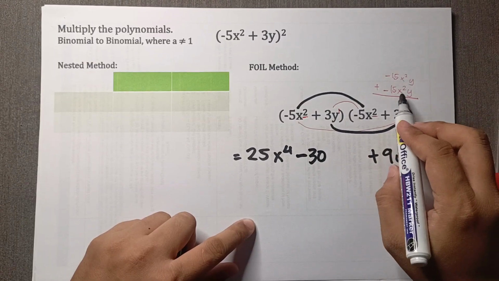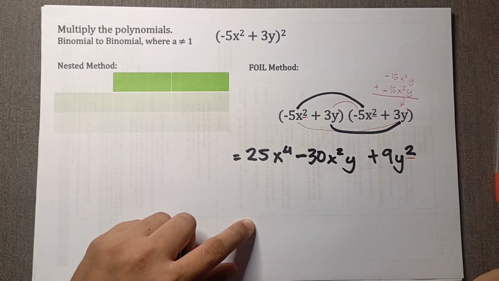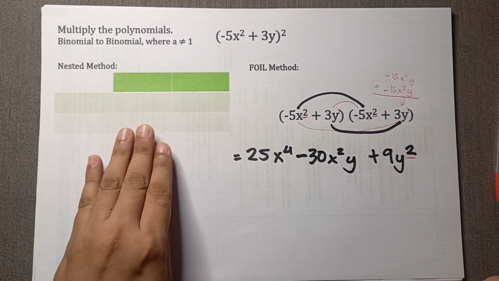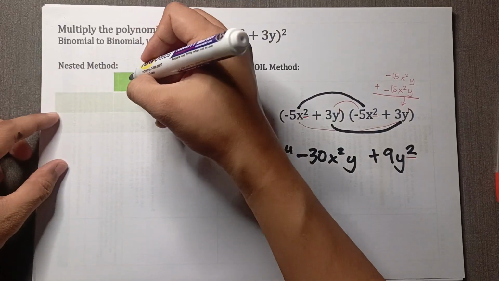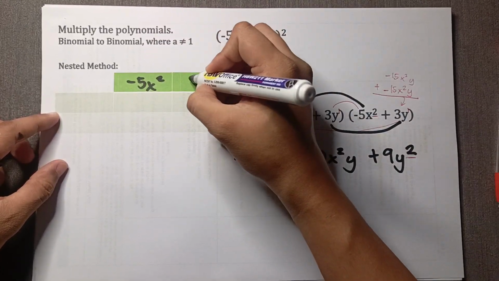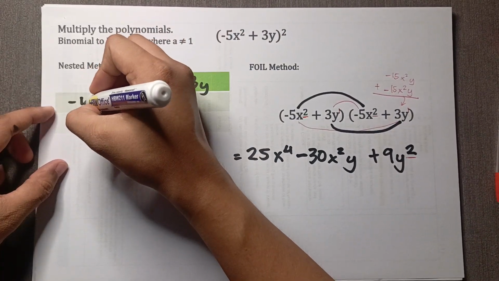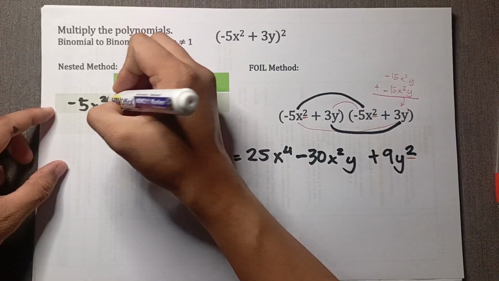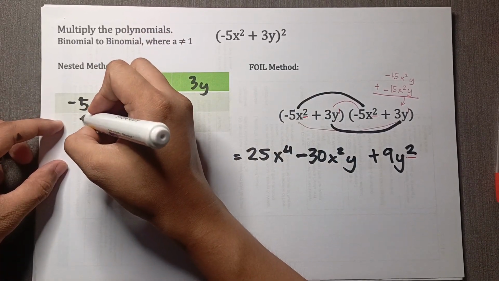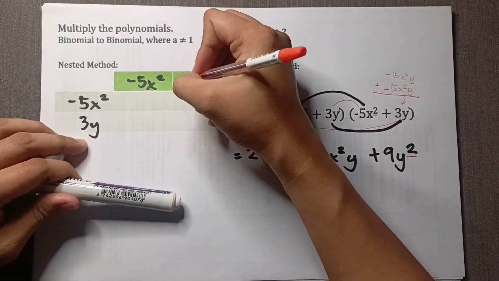And then copy the variables and exponents. Okay? So upon checking on nested method, para makita natin kung tama yung ginawa natin. Because nested method is a faster way of checking. And then 3y. Okay? Lagyan natin ng positive in both.